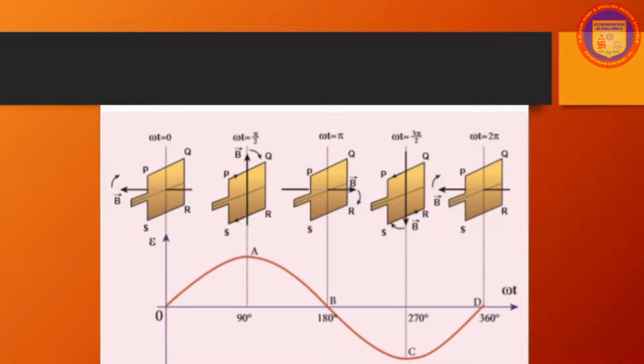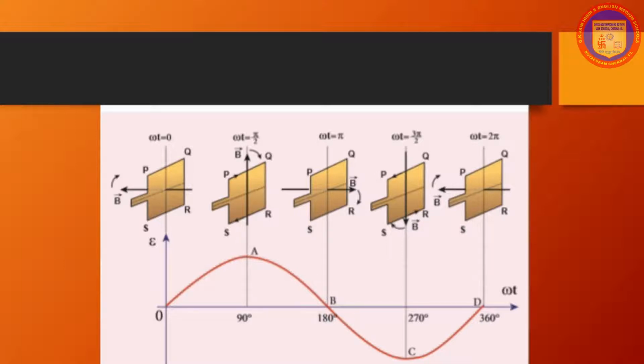When omega t equals 0, epsilon will be equal to 0. When omega t is equal to pi by 2, sin pi by 2 is maximum, so you have the 90 degrees, so at the point A it is going to be maximum. When omega t is equal to pi, sin pi value is 0, so at the point B it comes around 0.